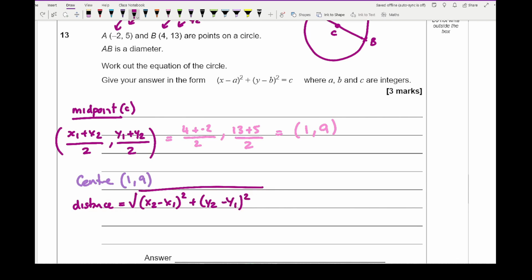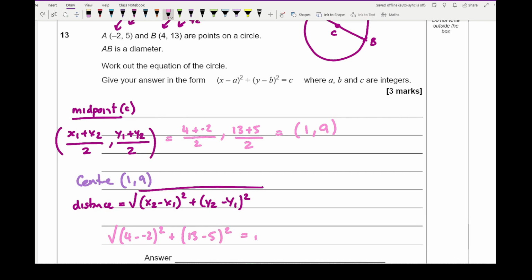Substituting those coordinates in, I get the square root of the difference between the two x ordinates, that's 4 minus minus 2, squared, plus y2, which is 13 minus 5, squared.